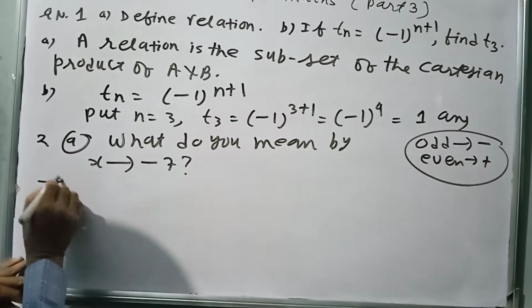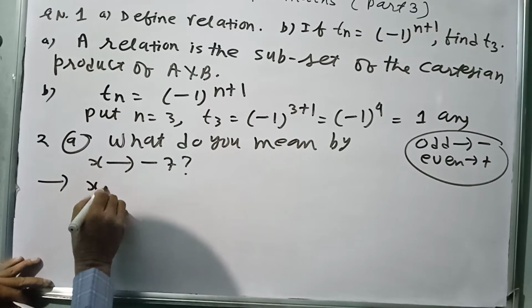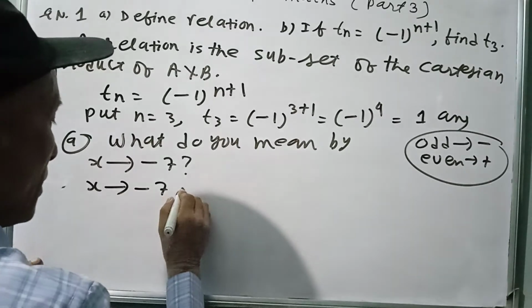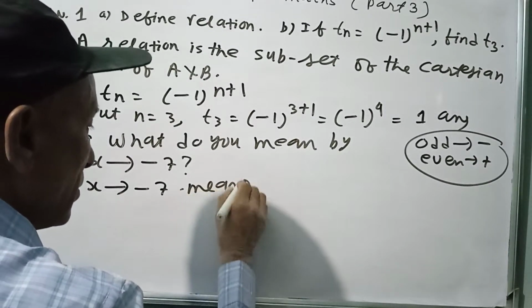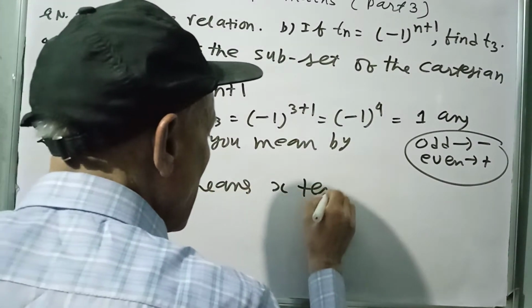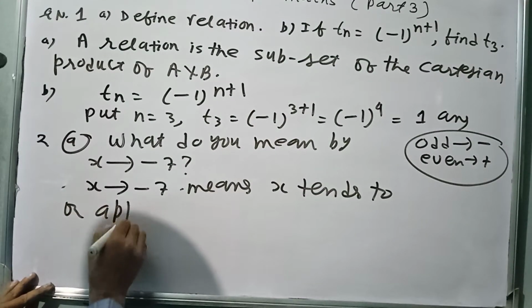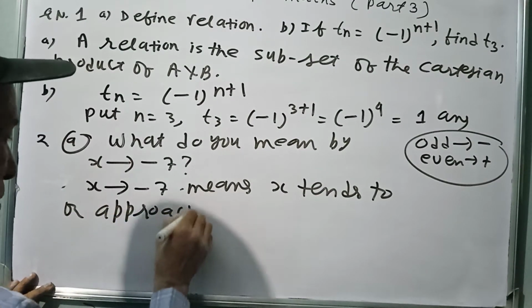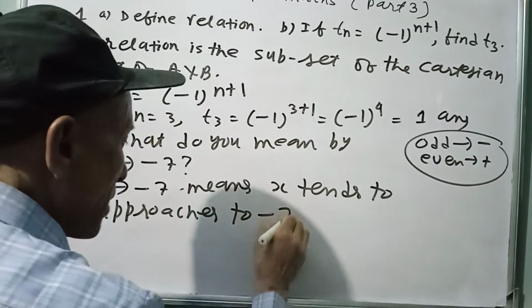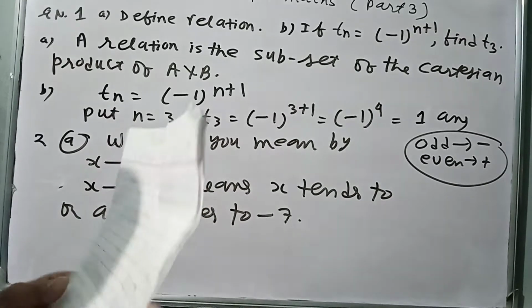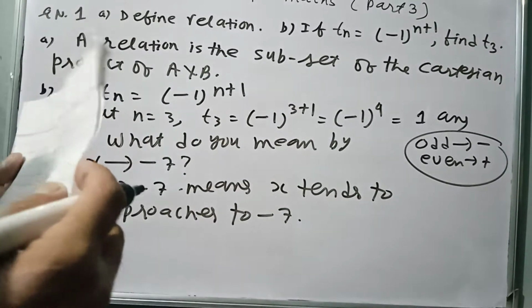It means x tends to or approaches minus 7. But x is not exactly minus 7, it is very near to minus 7. Minus 7 को धेरै धेरै नजिक.